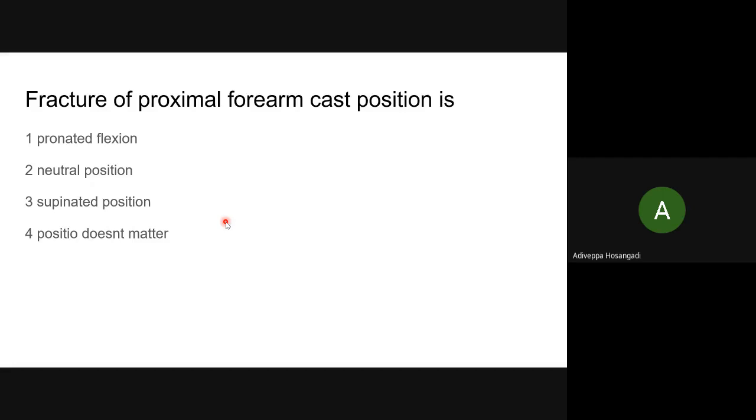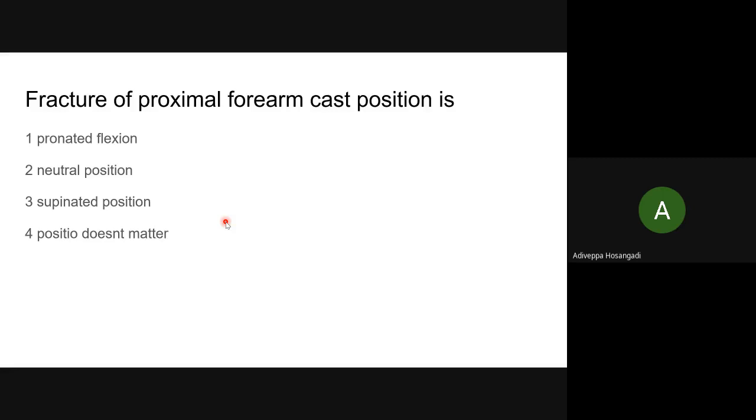To make things very simple, supinators are in the proximal 1/3. Distally, there are pronators. The strong pronator is pronator quadratus, but all the common flexors are pronators, which take origin from the medial epicondyle.